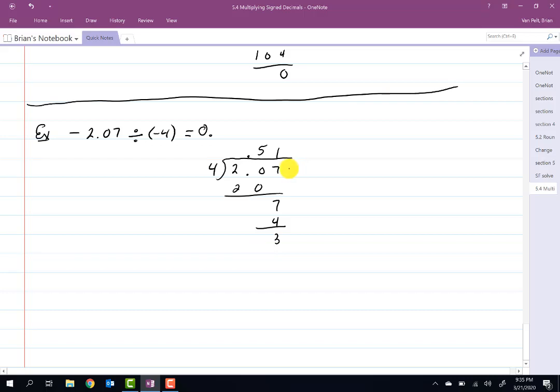I simply put a 0 after the 7 and bring that 0 straight down after the 30. 4 goes into 30 7 times. I'm going to increase this division bar as long as I need so that it holds the number. 7 times 4 is 28. And once again, I can bring down another 0. And then 4 goes into 20 5 times.